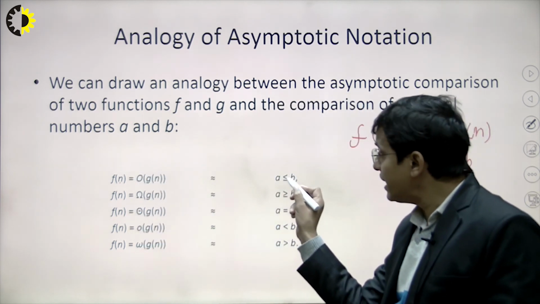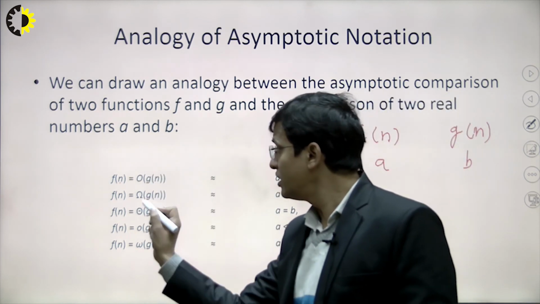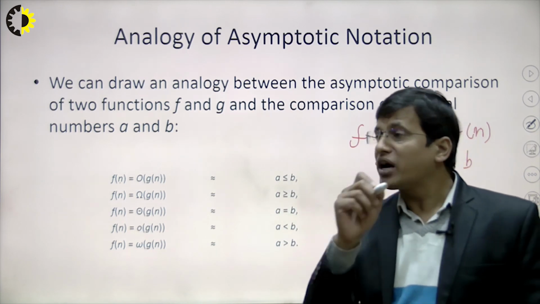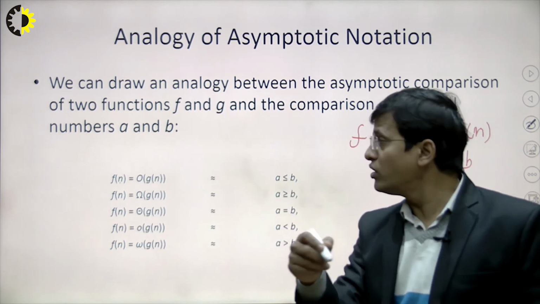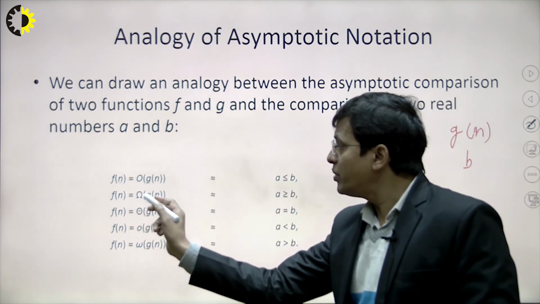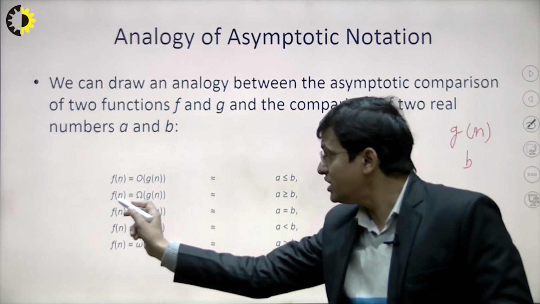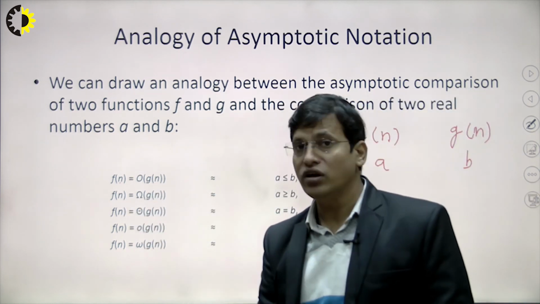So here a is less than or equal to b, then this notation will hold, right. Similarly for the big omega notation, this means the lower bound notation, so equality will be there, right. And that will be a is greater than or equal to b, then this condition will hold, right.